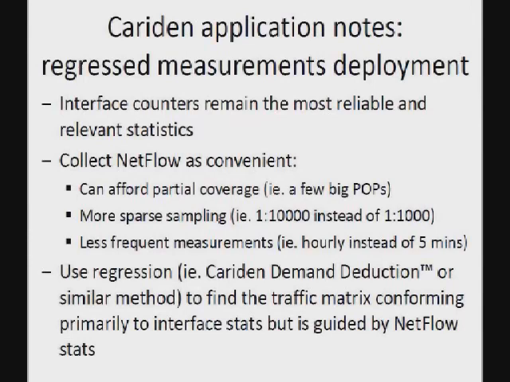You can just have a subset of the POPs or a subset of the routers covered, or use some more sparse sampling. That's because you still have your interface counters. And then use a regression method, like the one that we said before, like the Cariden demand deduction or similar. There are also other applications out there doing the same.